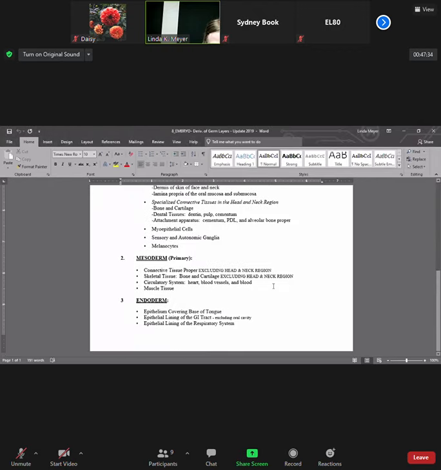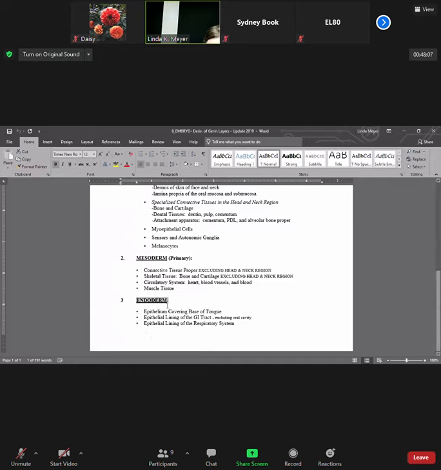Now with endoderm, you don't have to worry too much about that, but endo is on the inside, and it's mainly tissues made up of epithelium that are on the inside, like all of our GI tract and our respiratory tract, with the GI tract excluding the oral cavity as well as the rectal area, and then the epithelial lining of our respiratory tract, excluding the nasal passages and the sinuses.